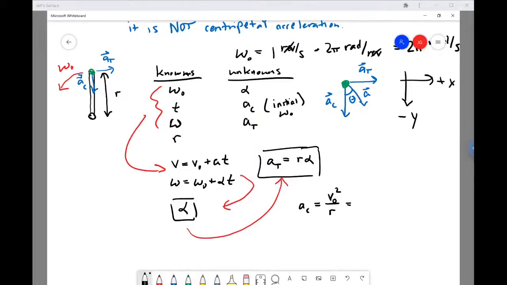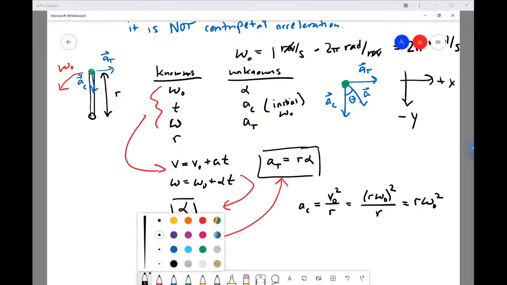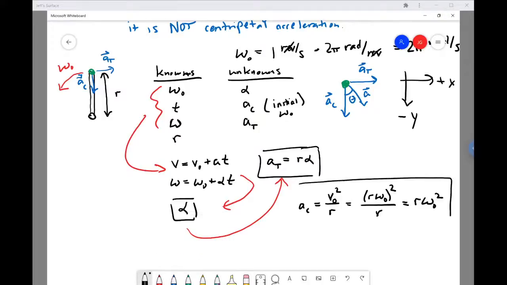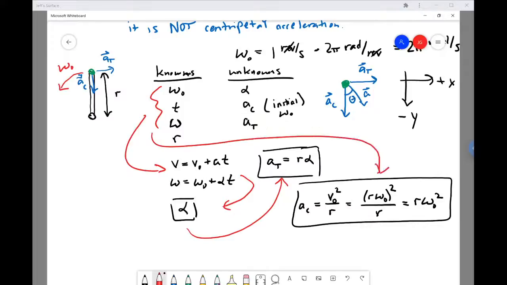And what is that speed in terms of the angular quantities? Well, v is r times omega. So v naught is r omega naught, squared. So you have r squared over r, which gives you r omega naught squared. So you can calculate this because you have what you need to plug into that expression. So when you do all this work, now you have AT and AC.